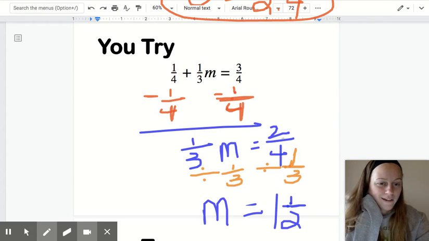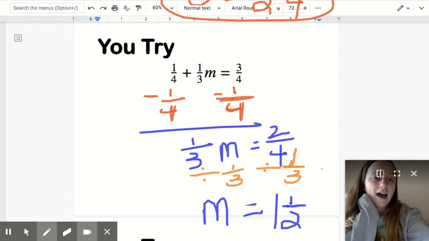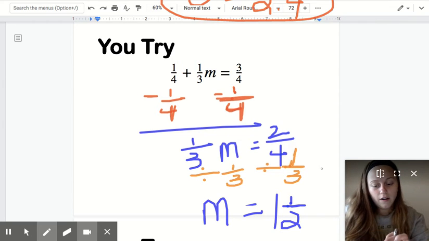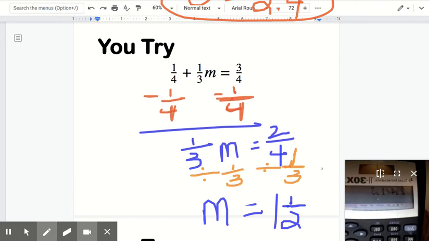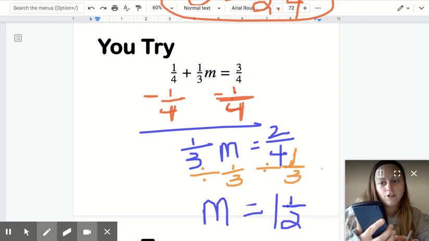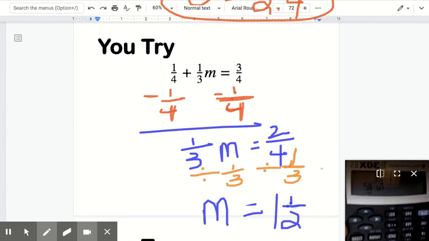They had a common denominator. That's quick. But 2/4 divided by 1/3, I just typed into my calculator. So it looked like that: 2/4 divided by 1/3. Enter. And it spit out 1 and 1/2.